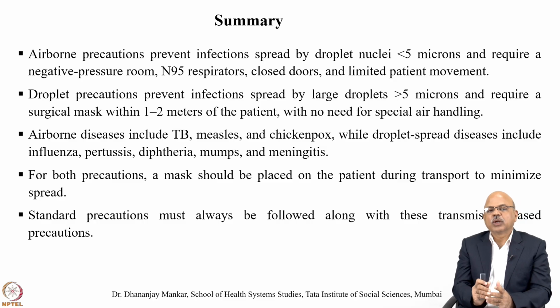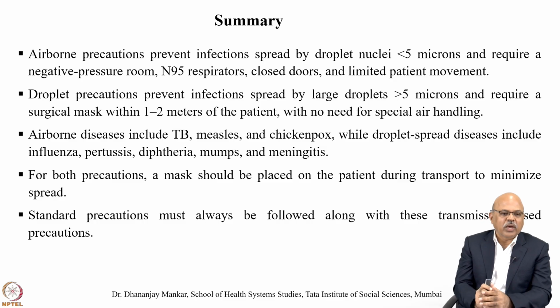Airborne diseases include tuberculosis, measles, chickenpox, while droplet spread diseases include influenza, pertussis, diphtheria, mumps and meningitis. It is very important that droplet precaution spread be tackled in a different way from airborne disease precautions.